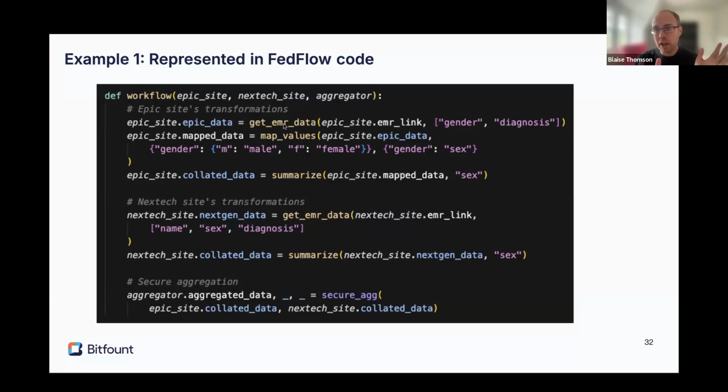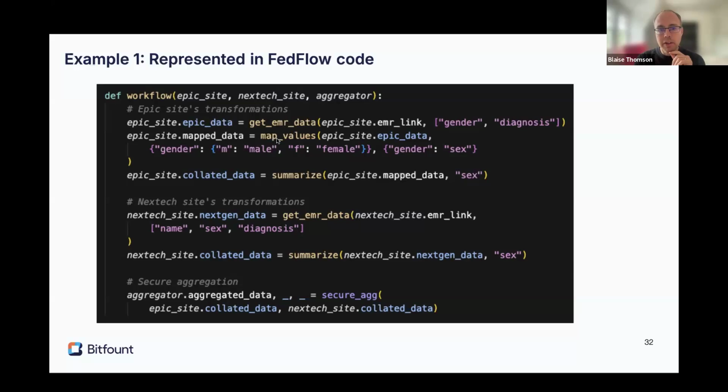So imagine we've got a function that runs locally. This would normally be a normal Python function that gets EMR data given an EMR link that's available in that site. It's going to extract the gender and diagnosis, and imagine that gives us a pandas data frame.